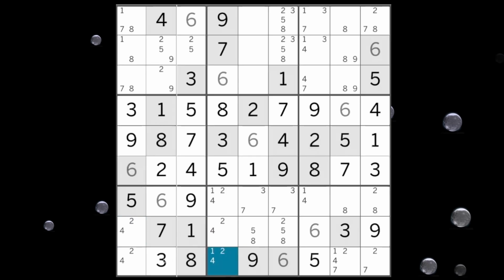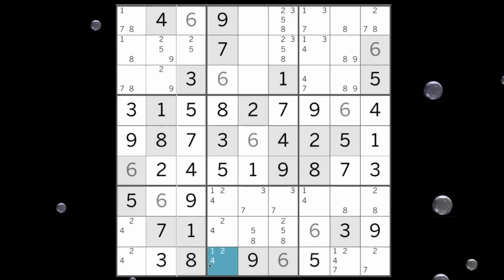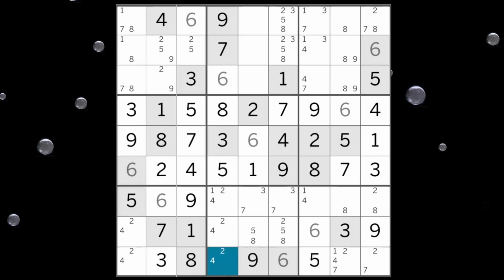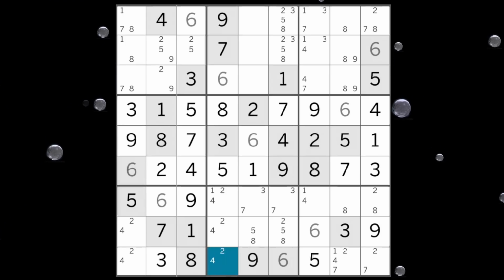Let's take these 4. Now we've talked about this before in other videos. One of the rules of Sudoku is that you can only have one possibility. Let's say that this was not a 1. Let's just take that out of consideration.